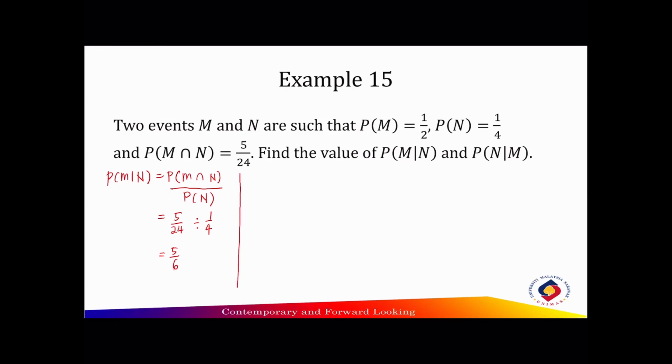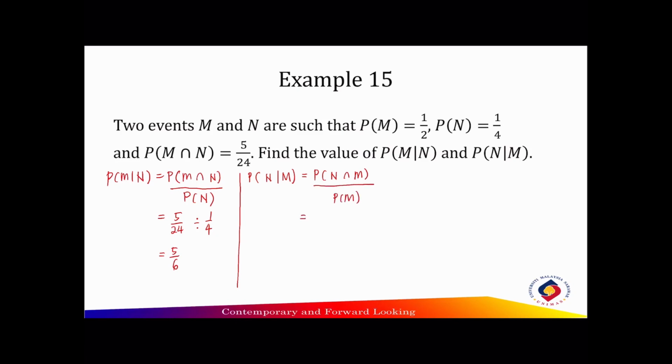For the next question, we have to find P(N given M). And again, by using conditional probability, P(N given M) is equal to P(N intersect M) over P(M).